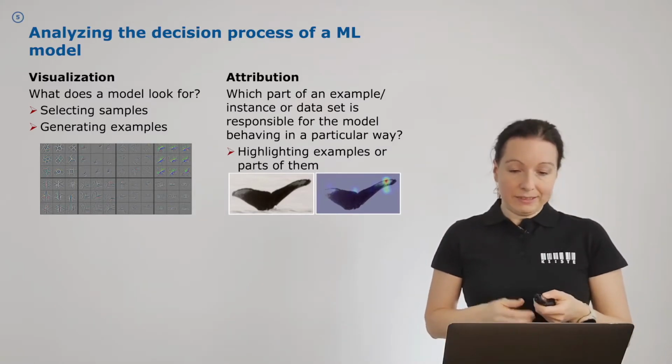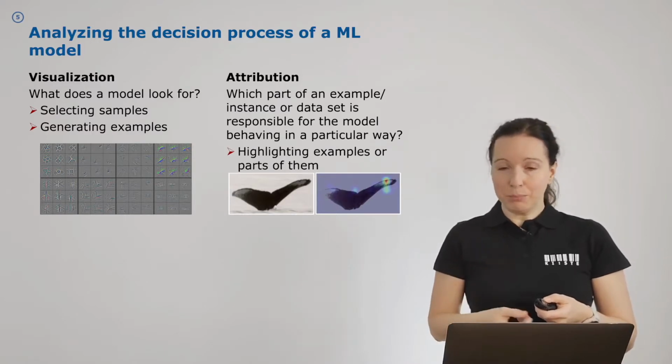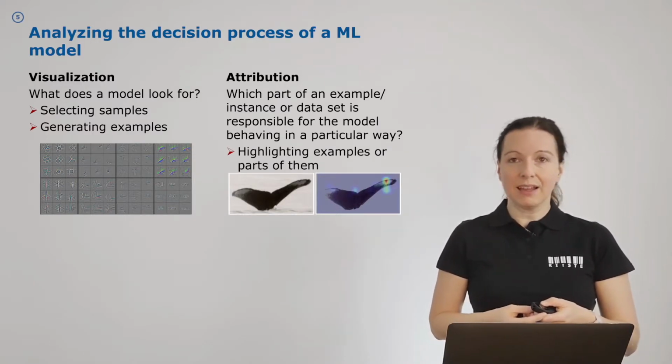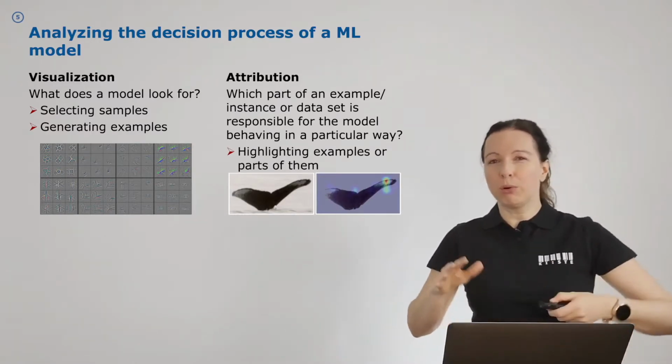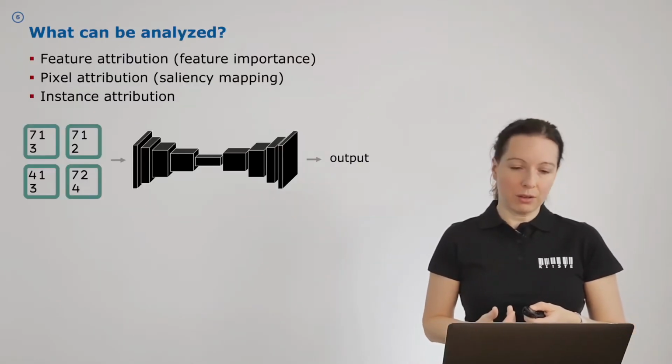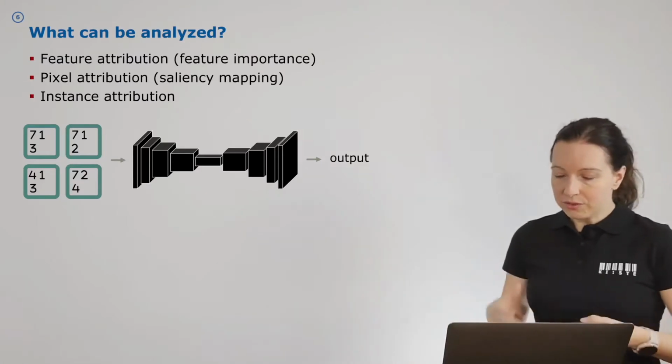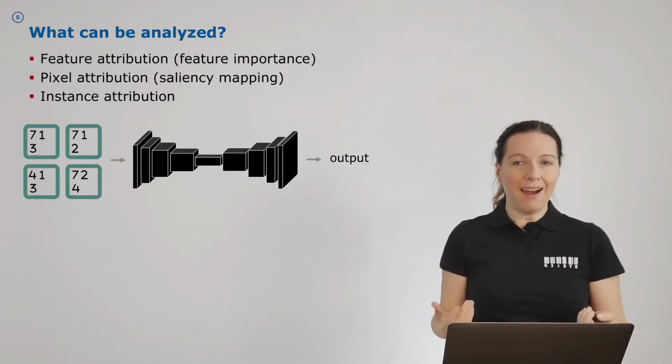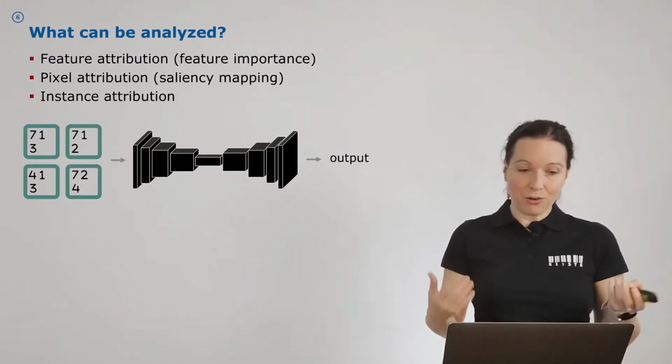Okay, and why I made this a bit more general, you will see in the next slides, because I will give you a little bit more of an overview of what attribution actually means and what different types of attribution there are, and there are quite a lot.